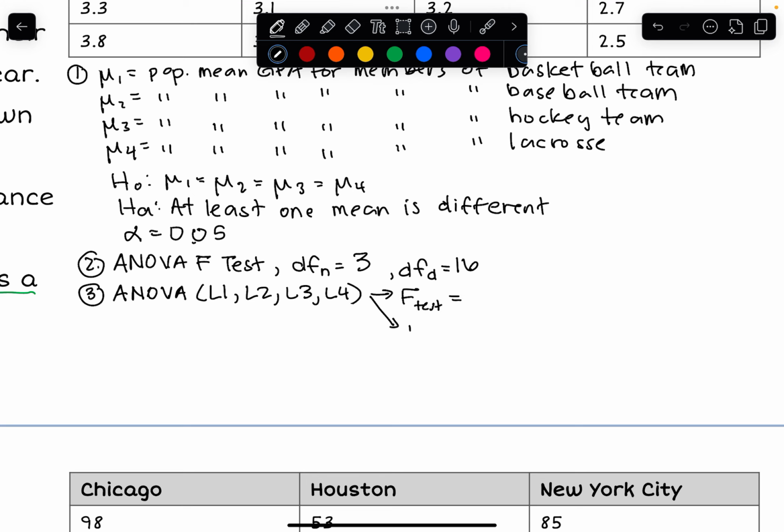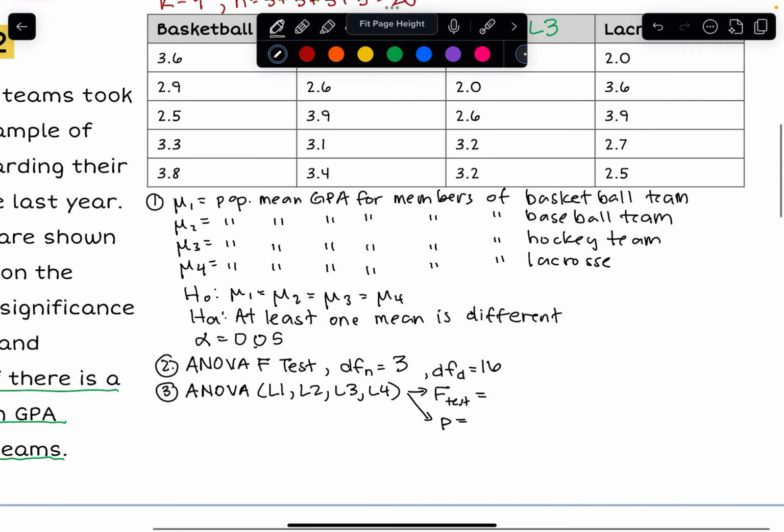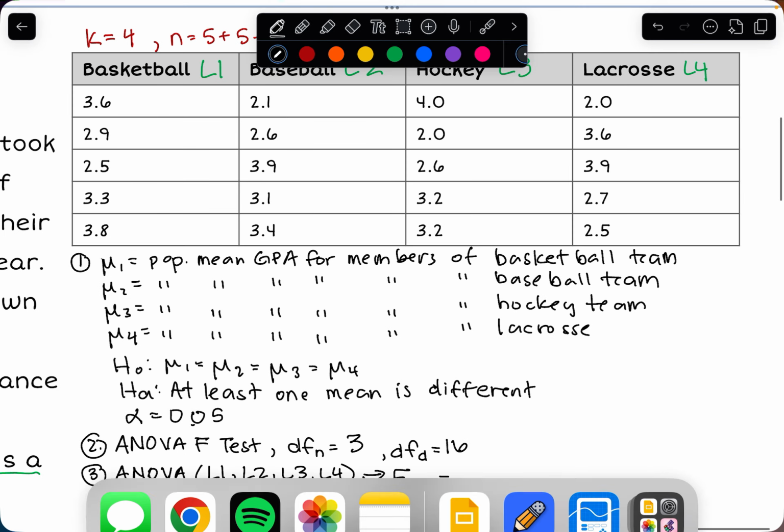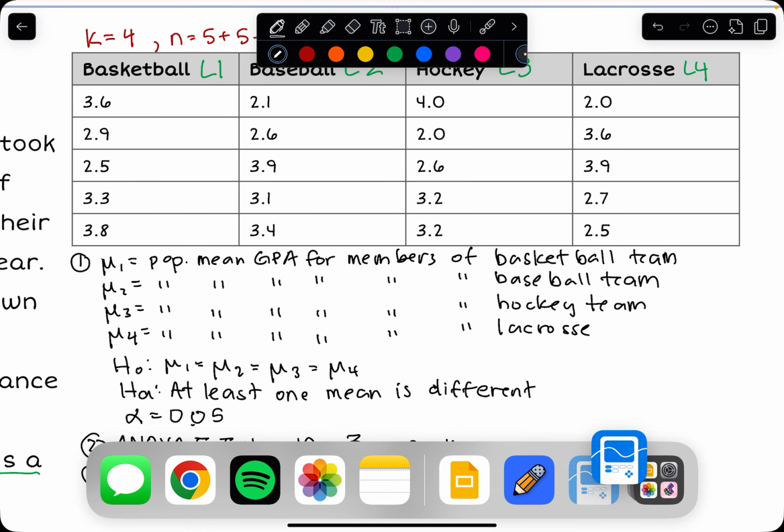All right, so let's go ahead and pull up our calculator and do the ANOVA process.